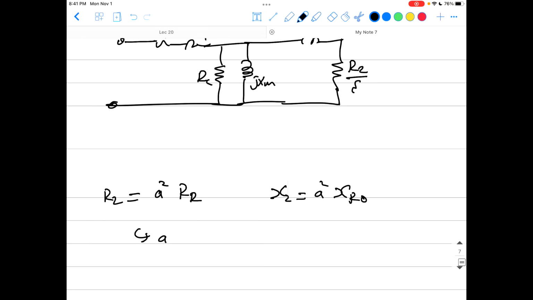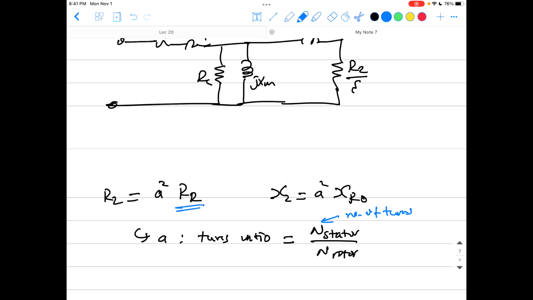With A is your transformation ratio, or turns ratio, okay, which equals N of the stator divided by N of the rotor, okay? N is basically the number of turns, okay? So if you know the number of turns of winding of the stator or number of turns of the rotor, you can just transfer it like that. Get the actual resistance of the rotor winding and multiply it by A squared. It'll give you the referred value of the resistance, and multiply the X or the reactance by A squared. It will give you the referred value, which is X2.